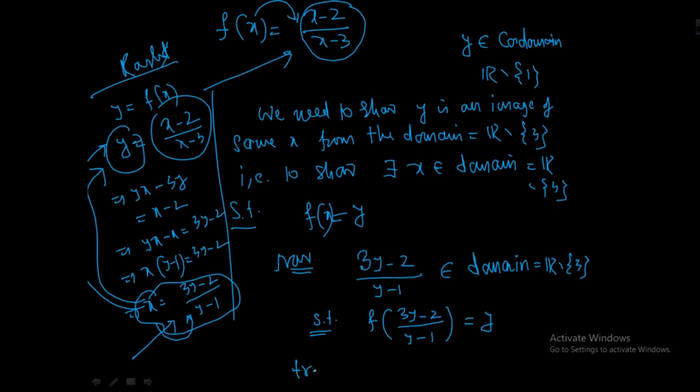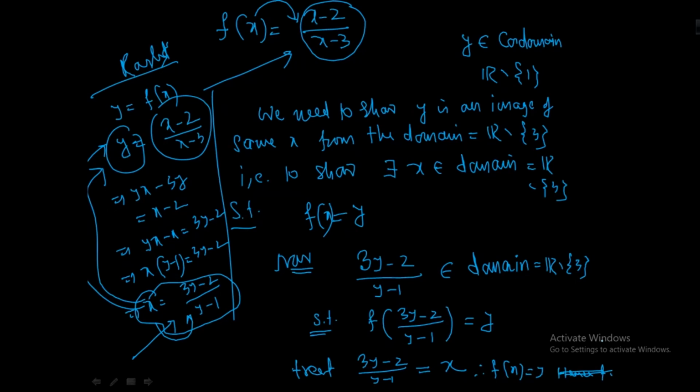So treat (3y minus 2) by (y minus 1) as x. So f(x) is equal to y, hence f is onto. Is that clear? Yes or no?